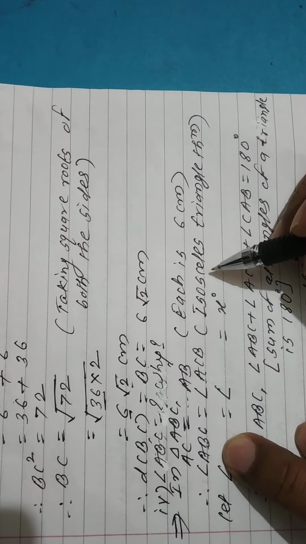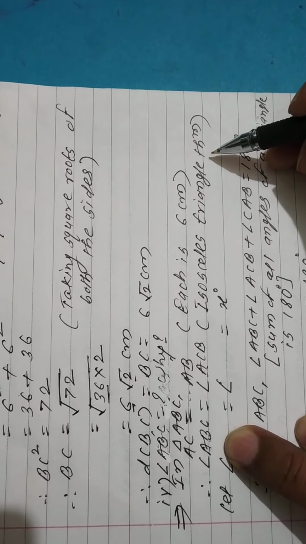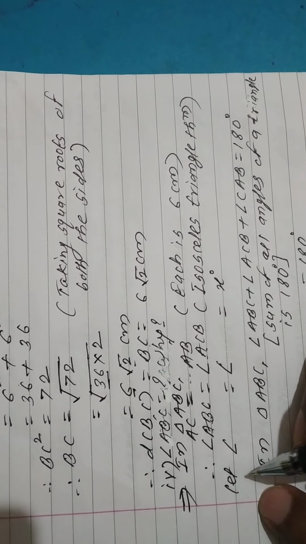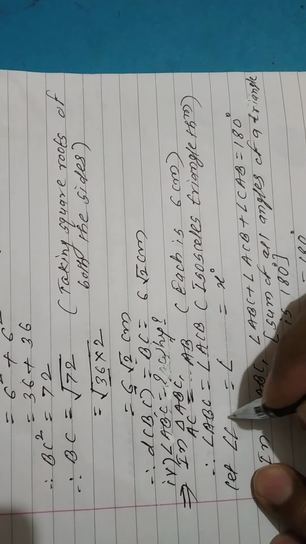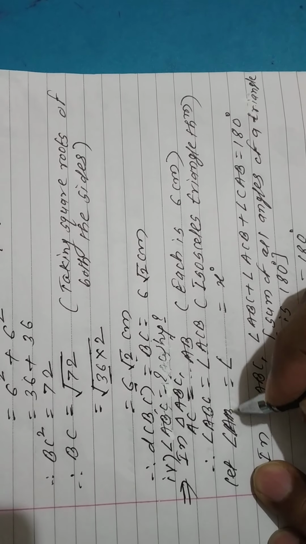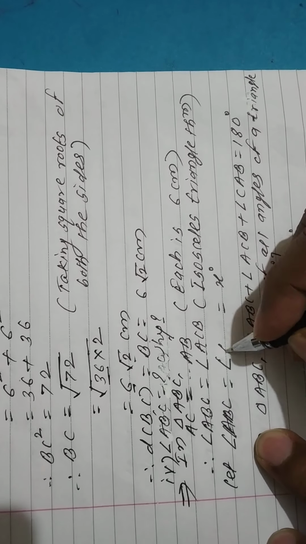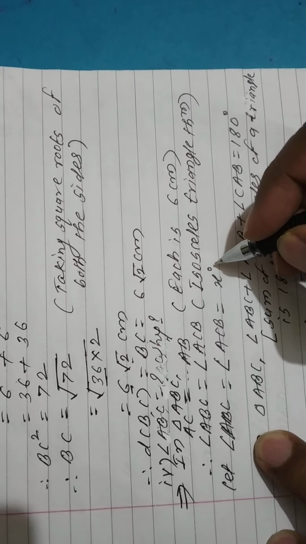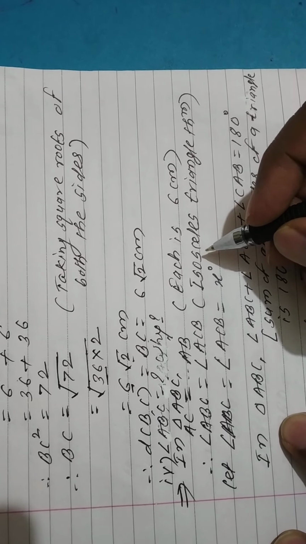They are equal by isosceles triangle theorem. Let angle ABC is equal to angle ACB is equal to x degree.